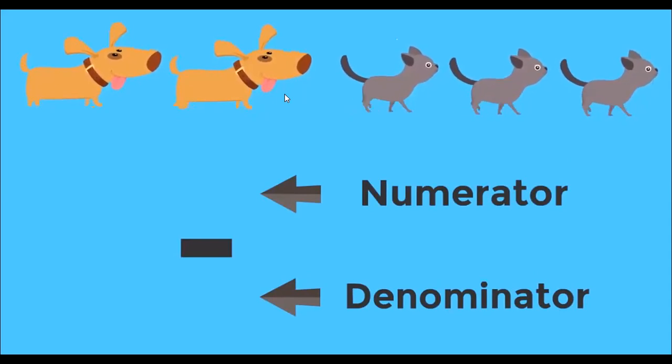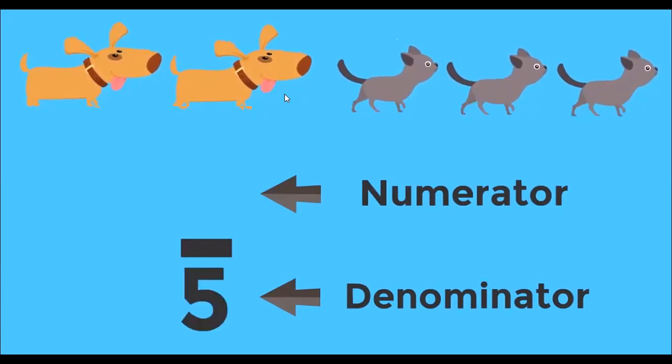So, the total number of pets is 5. What number is the denominator? What number goes on the bottom? Yeah, 5. 5 is the denominator. It tells us the total number of pets. Remember, we're asking for the fraction of the pets that are cats.